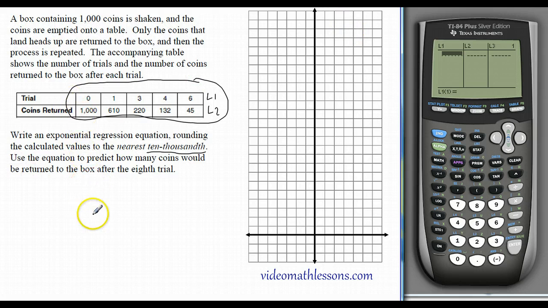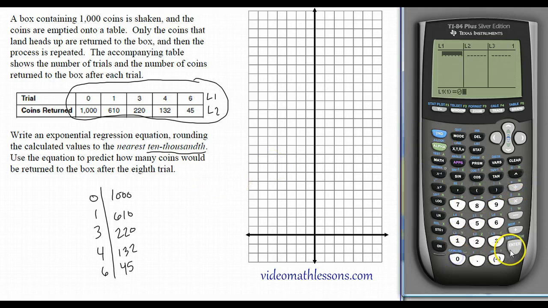This is my X, this is my Y. So I got a 0, 1, 3, 4, 6, 1,000, 610, 220, 132, and 45. So that's my numbers I'm going to type in.